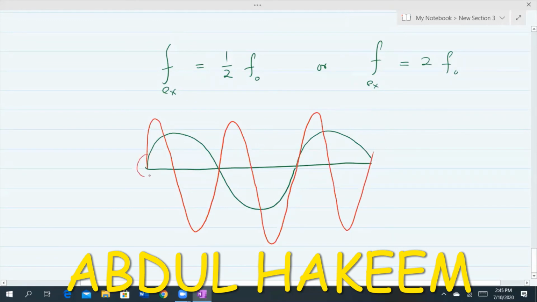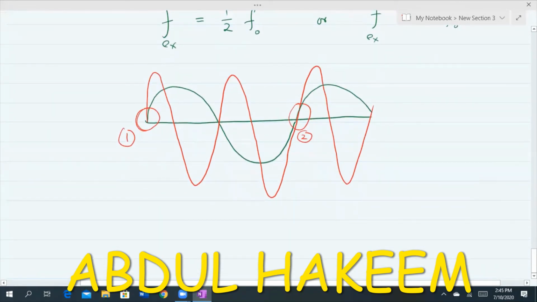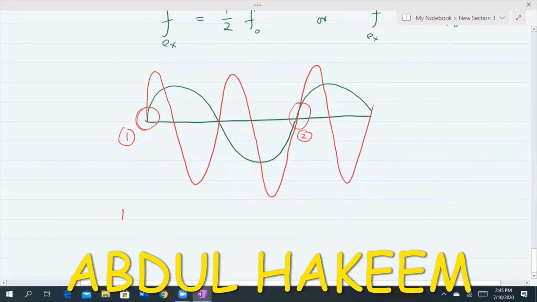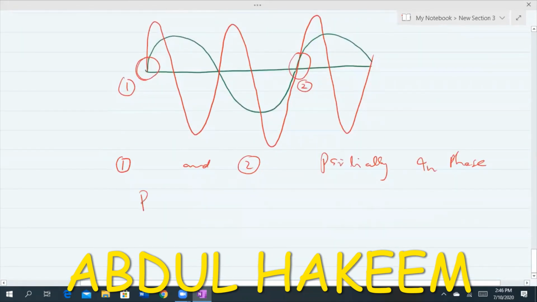Now look at this point, 1 and 2. So number 1 and number 2, they are not exactly all the time in phase, but at point 1 and point 2, they are partially in phase. They are partially coherent. So there will be partial resonance.